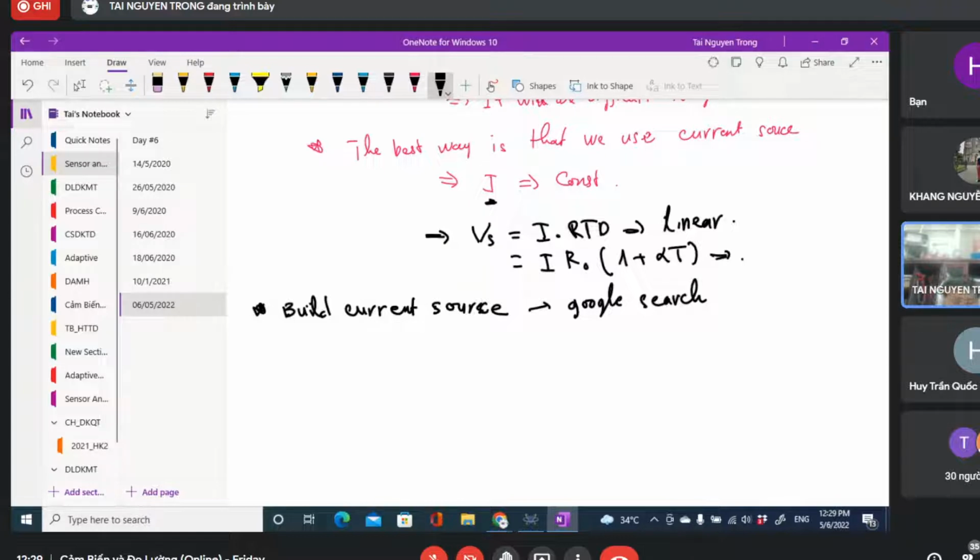There are some methods to make a current source. And in this case, we can do it using an op amp. When using an op amp, we can make a current source like this.